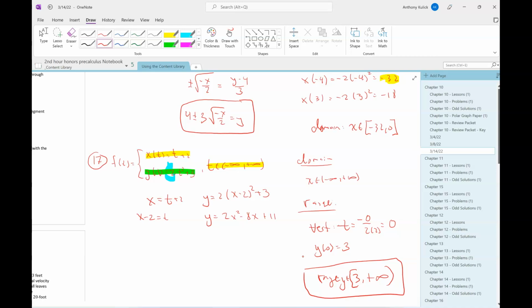Cool? Okay. It's also a 2. It's the a, the leading coefficient on the quadratic.